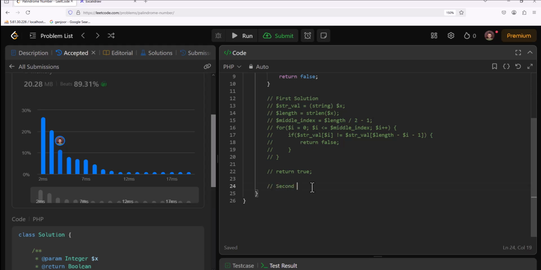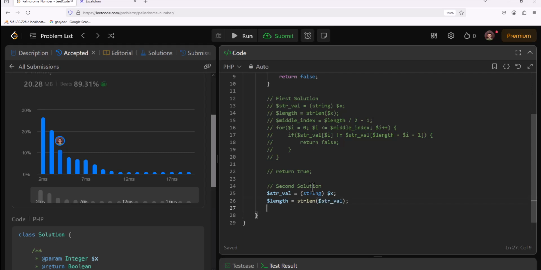The second solution would be something like this. We check if we need the length. First we need the string value with the x, and then we have length of str_val.